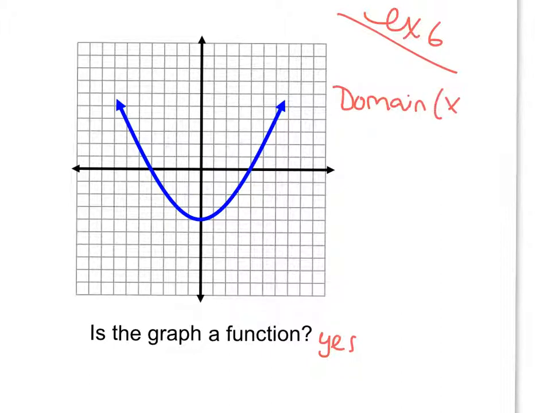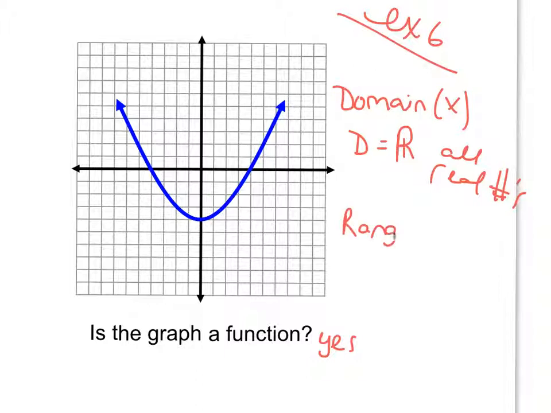So what could x possibly be on this line if it keeps going on and on forever to the left, on and on forever to the right? So your domain is equal to all real numbers. Again, all real numbers.